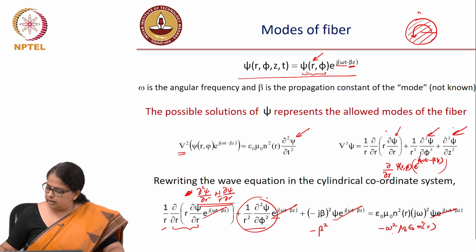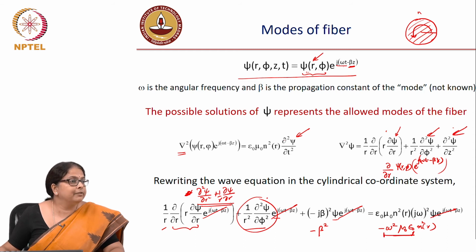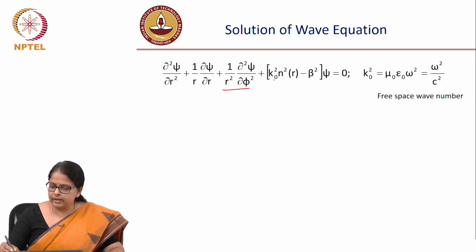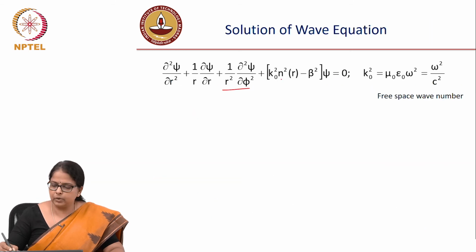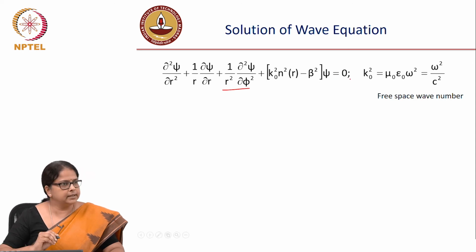So, if I call this μ0 ε0 ω², this is nothing but the free space wave number squared, right. So, if I call this whole thing k² and bring it to this side, I get k² minus β², right. So, that is what I have written, k² minus β². Of course, there was an n² here. So, k0² n² minus β² ψ. So, that is this term. Right side is 0 because I brought it to the left side.